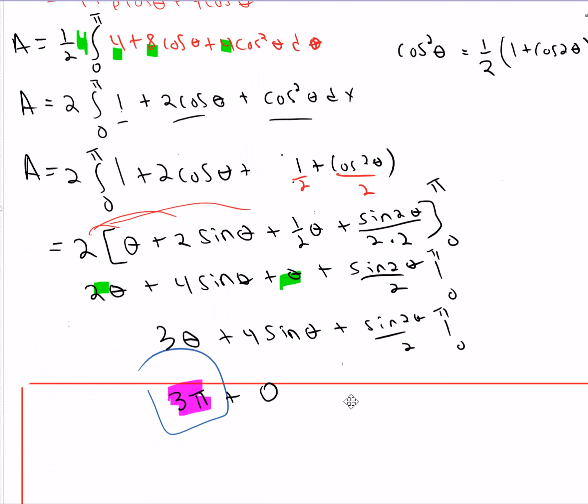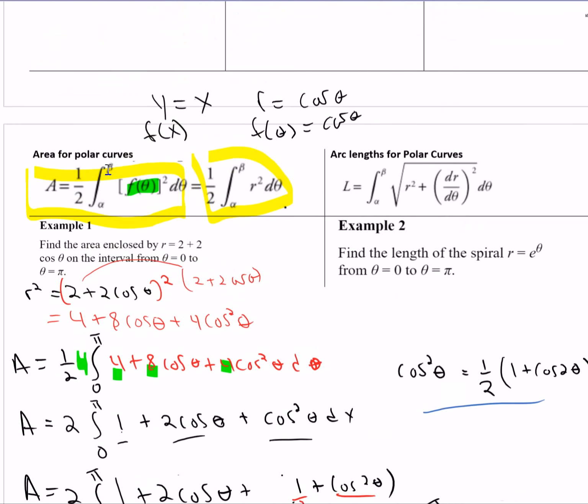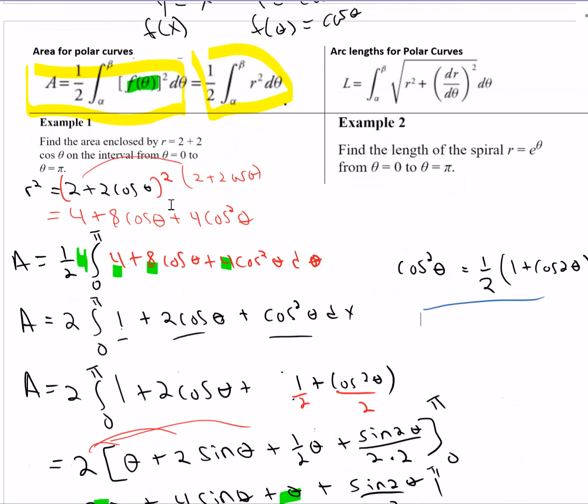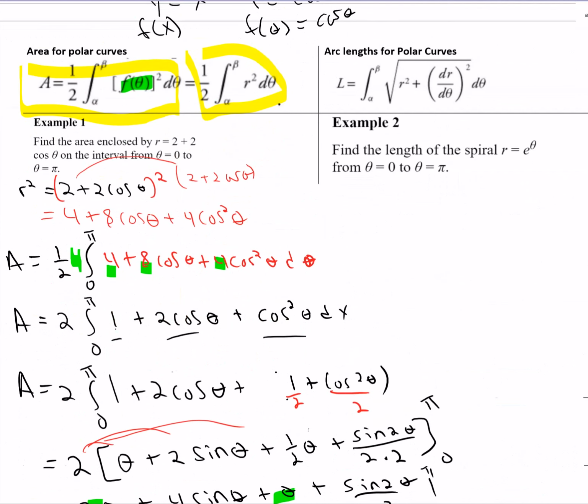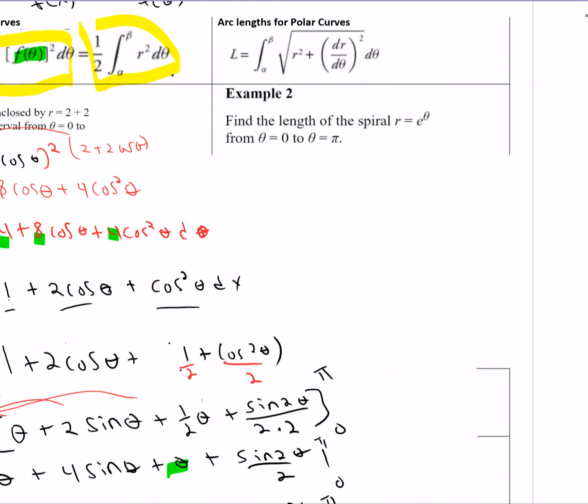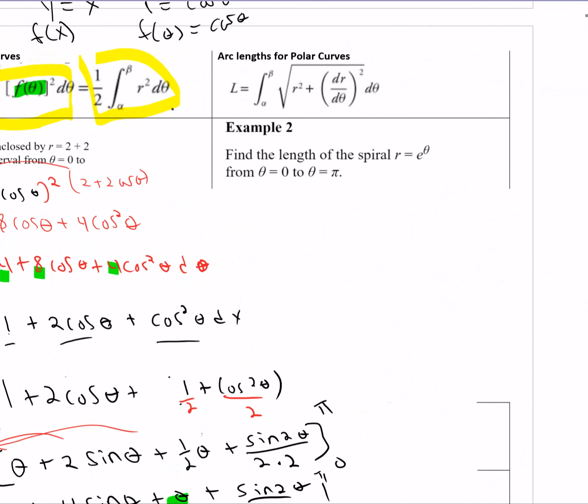So 3 pi is our answer there. Again, trig identity needed. What I recommend is go to Purple Math and look at all the trig identities. There's a bunch on there that will be useful. Okay, let's look at arc length for polar curves.